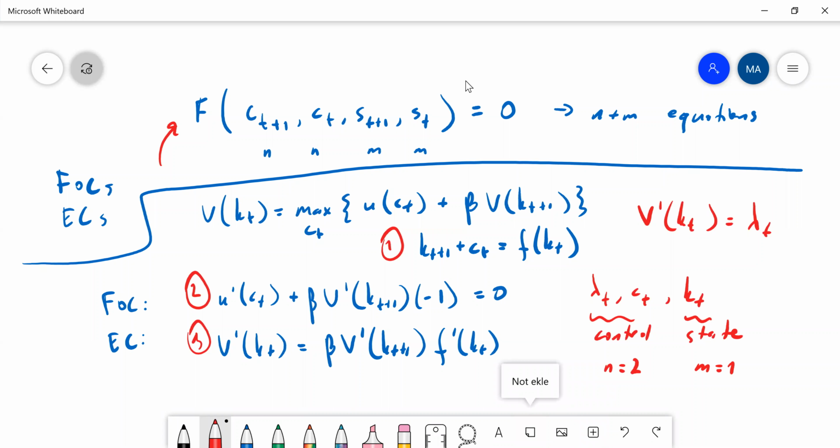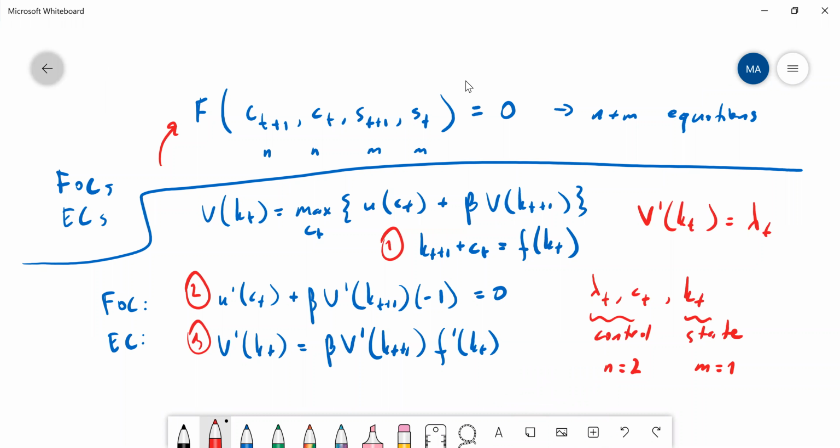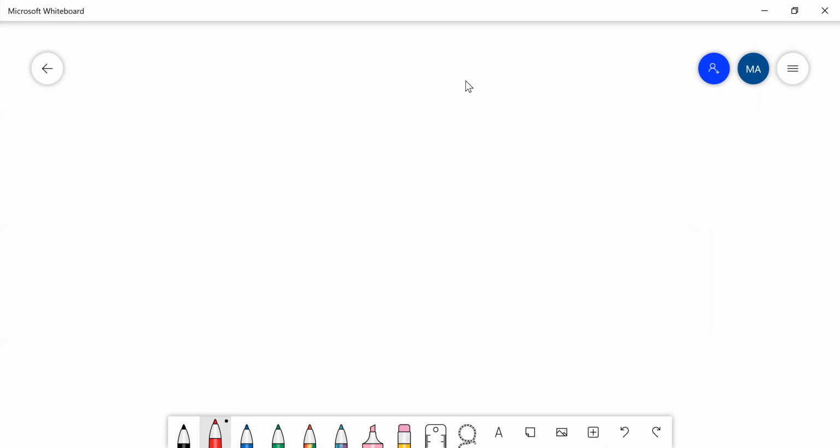All right. Now the idea is to approximate. So if you have, let's say, control-like variables and state-like variables, then you first imagine a steady state.